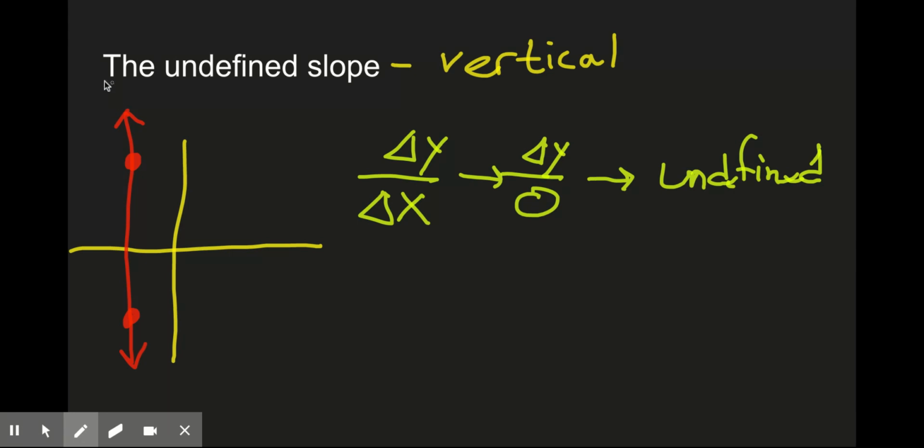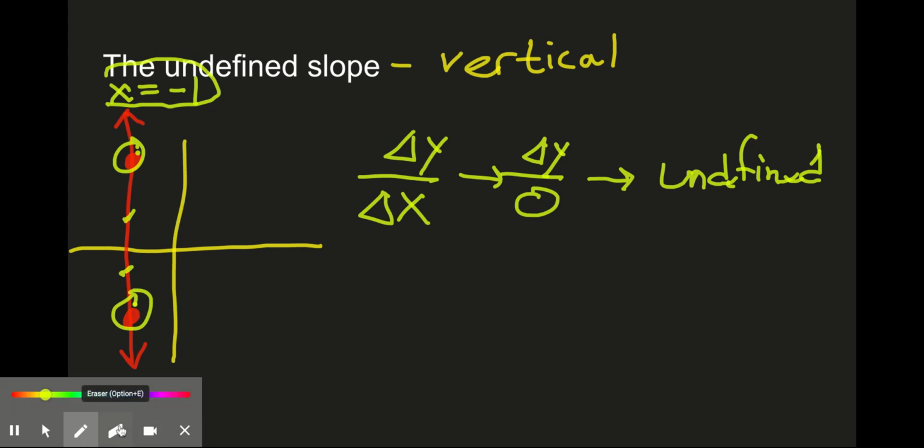How do we write the equations for this stuff? Well, the only thing that's consistent is the x. So if this is x equals, I don't know, like -1, then you just write x equals -1. Because what all of these points will have in common, this point and this point and every single point in between and on and on and on, is that they'll be at the same x location. Their y's might change, but their x never does.